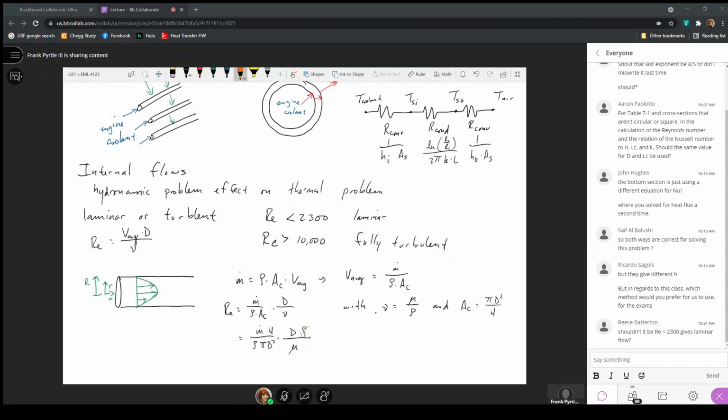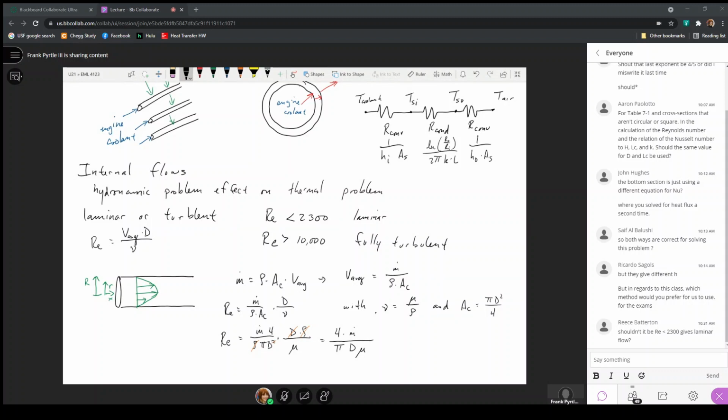Here the density cancels, and the diameter here, and this expression for the Reynolds number can be written as 4 times the mass flow rate divided by pi d mu. This is often the expression of the Reynolds number that we use for internal flows, just because typically the average velocity is not what's specified.